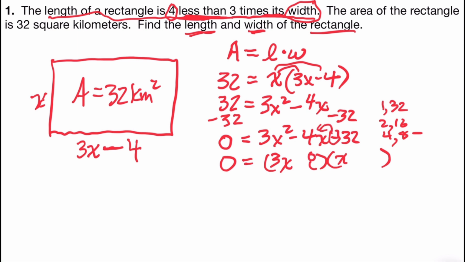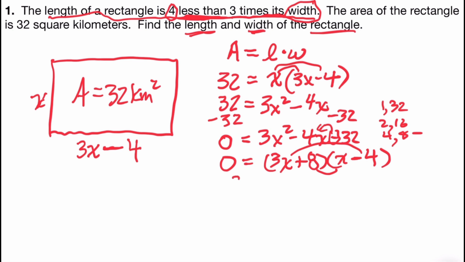So I'm going to put 8 with the 3x and 4 with the x. So my outside and inside would be 12x minus 8x, which would be 4x. Since I want it negative, I'm going to put the negative on the 4 to get negative 12x and a positive on the 8. So negative 12x plus 8x will be negative 4x.